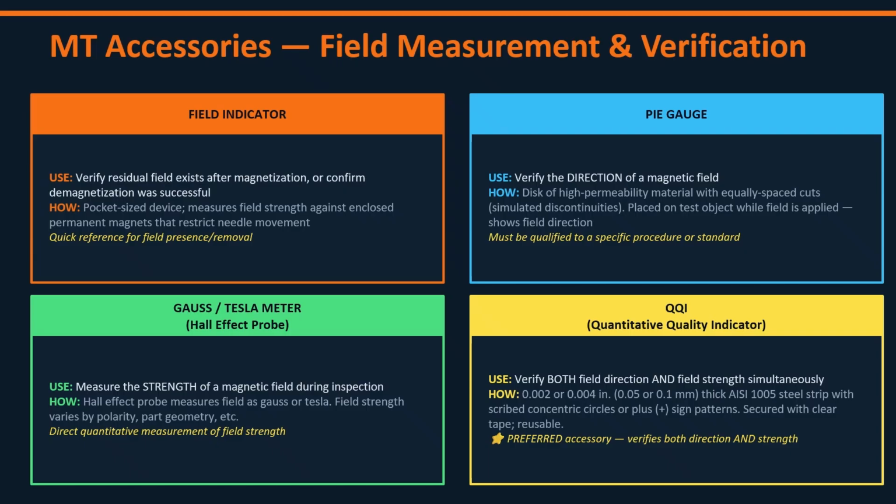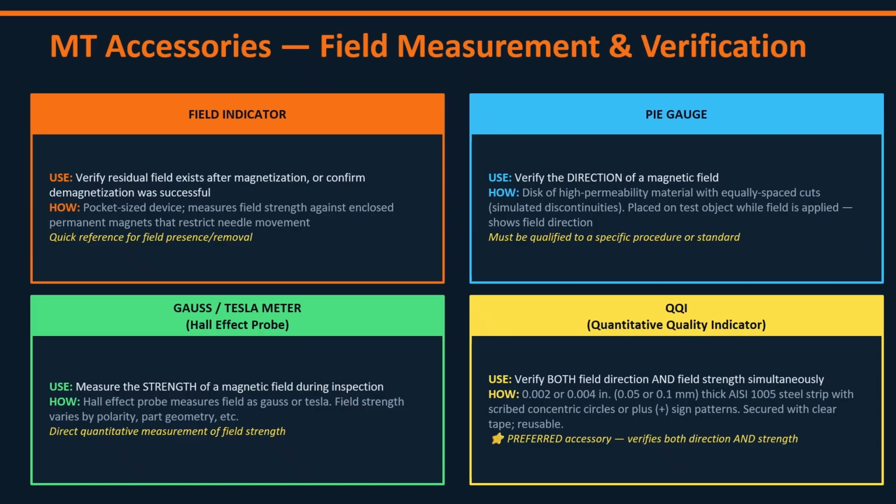A pi gauge is primarily a field direction device. Its simulated discontinuities respond to the magnetic field and help the inspector establish whether the field is oriented appropriately. Because it is a technique-sensitive device, it should be used according to the applicable procedure or standard. A gaussmeter or teslameter uses a Hall effect probe to make a quantitative magnetic field measurement.